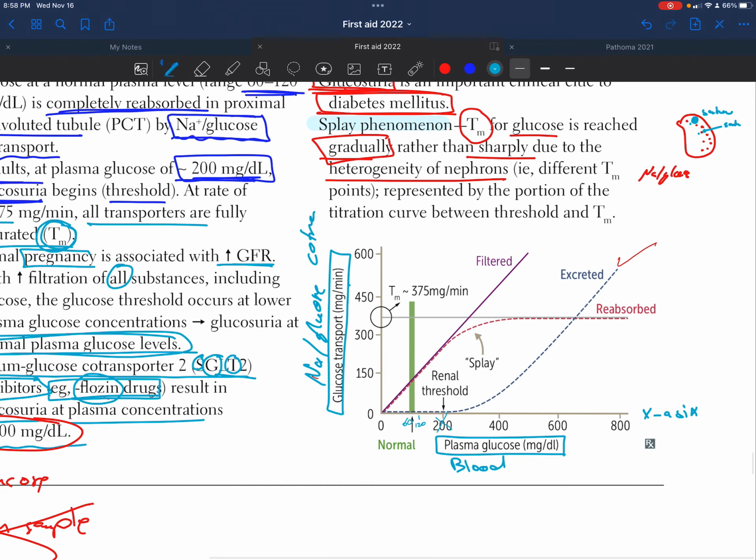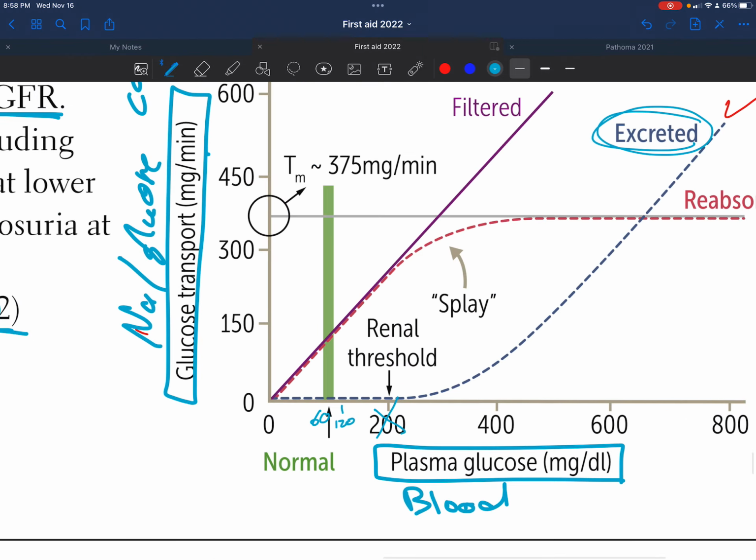we see that the excretion curve doesn't go up, it's just zero, because under normal conditions, when we have a normal plasma glucose level, all of the glucose is being reabsorbed. So we are not excreting anything because those are normal conditions. This patient is not diabetic. This patient doesn't have any issue with dysregulation of plasma glucose.